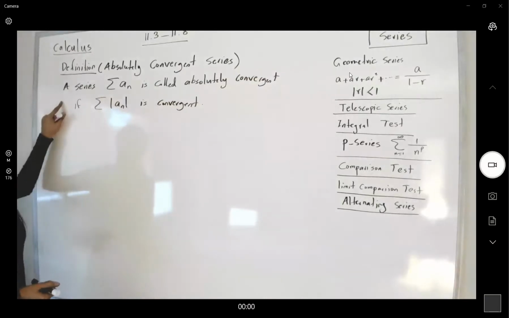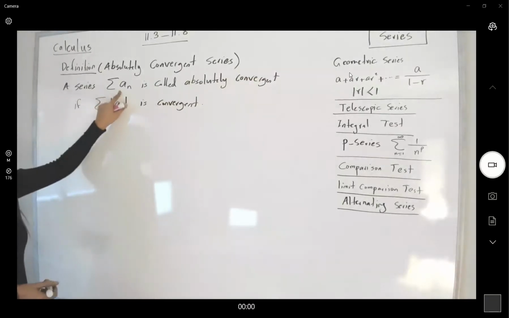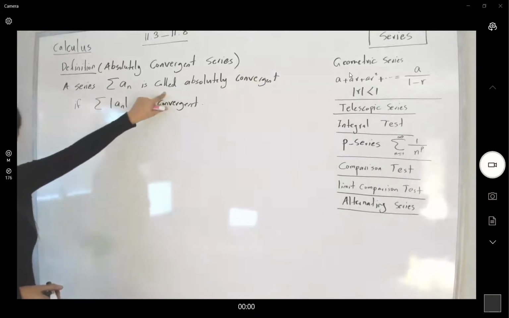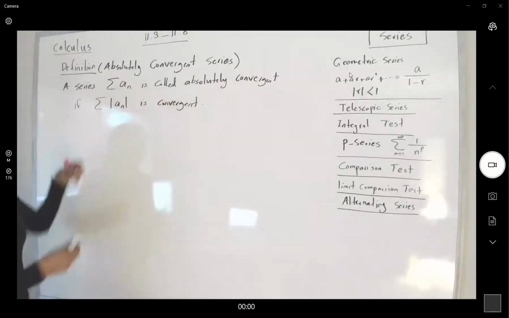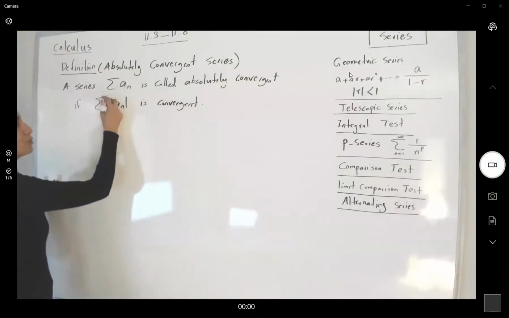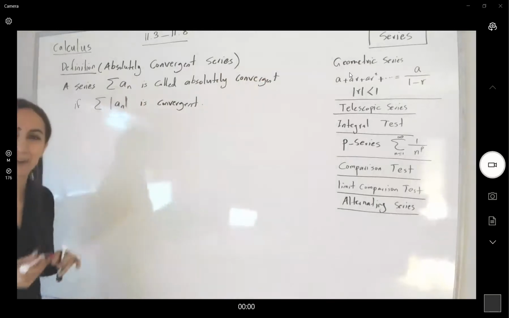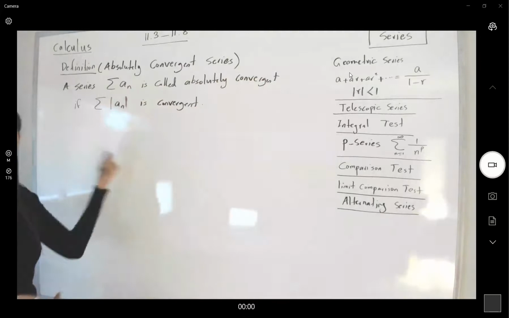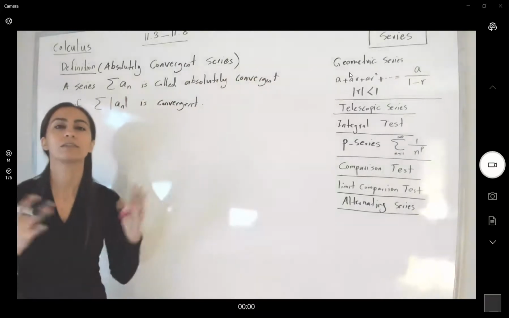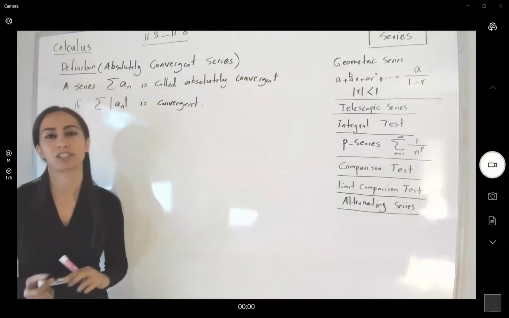The series, like sigma an, is called absolutely convergent if the series of absolute value of its terms is convergent. If not, we call it conditionally convergent.